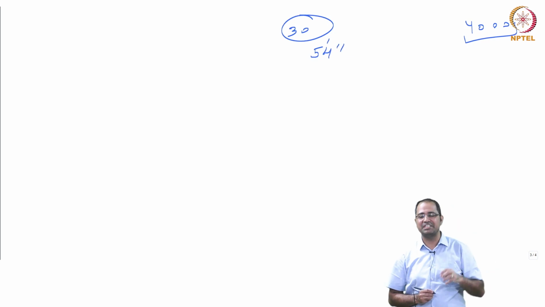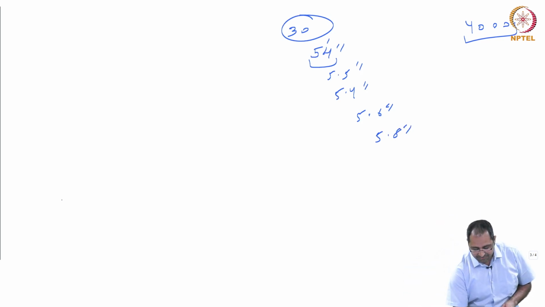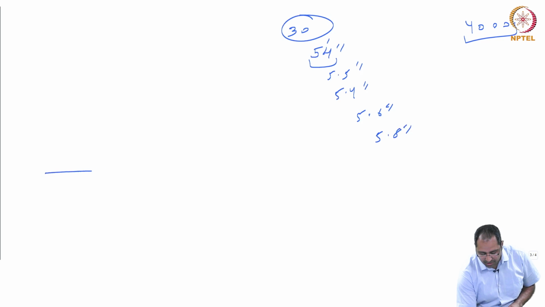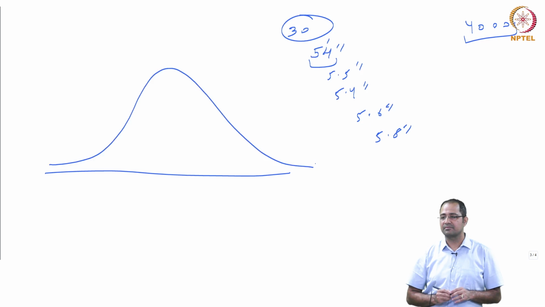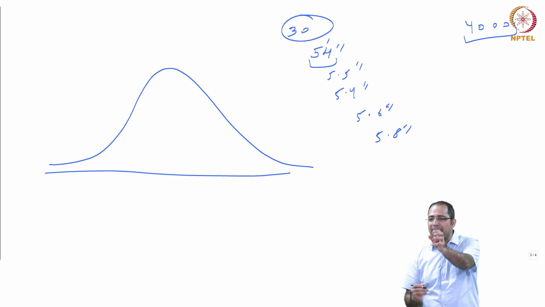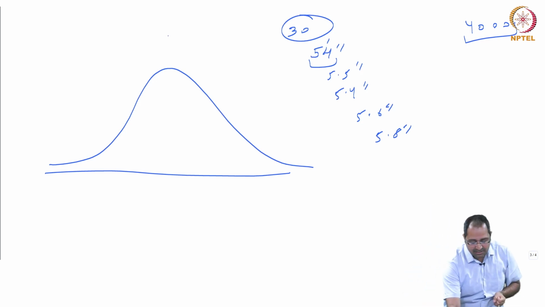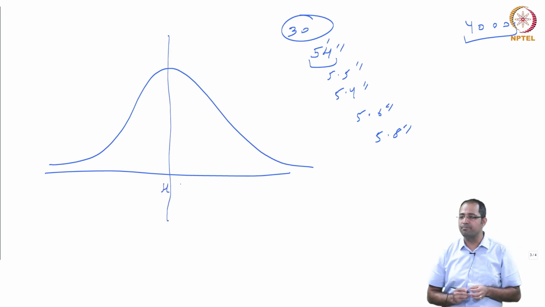One sample I draw, this is the mean height. Second sample I draw, 5.5 inches. Third sample I draw 5.4 inches. Fourth sample 5.6 inches. Fifth sample 5.8 inches. If I keep drawing this sample an infinite number of times, I will end up with a curve like this. Which means for each sample of size 30, if I calculate the mean, for most of the samples the mean would be around the population mean, which is called mu.